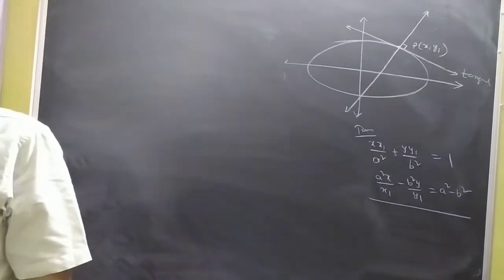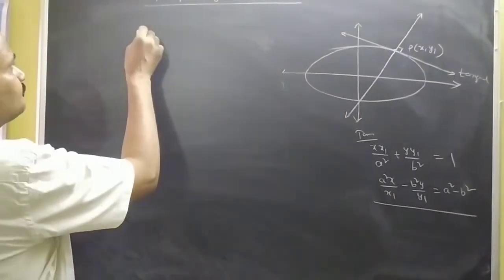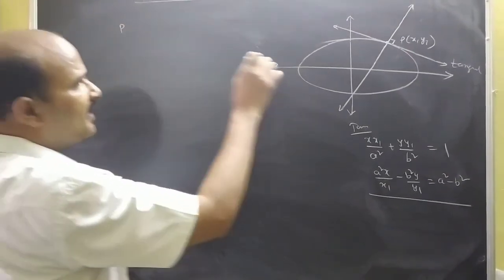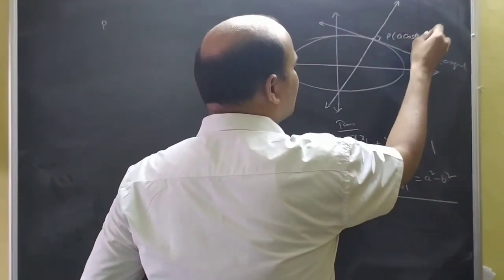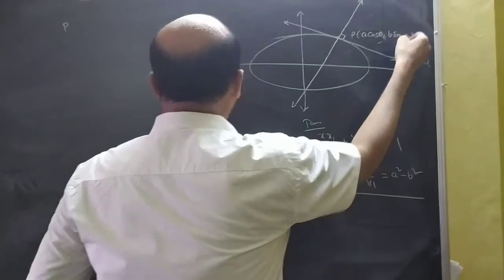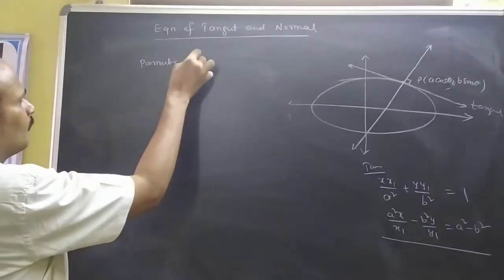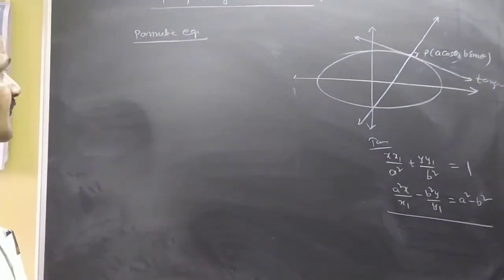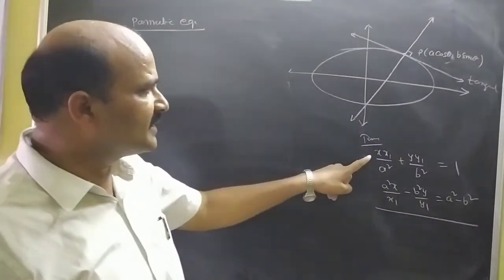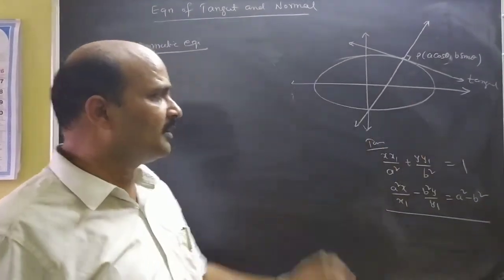Now with respect to the parametric equations, the point P is (a cos θ, b sin θ). Now the parametric equation of the tangent. Already we know that the tangent is x·x1/a² + y·y1/b² = 1.